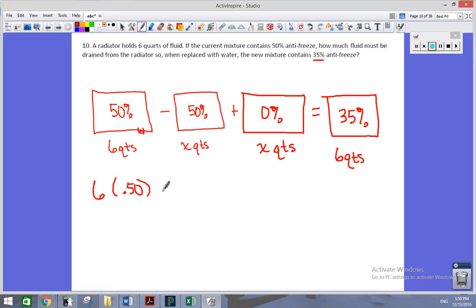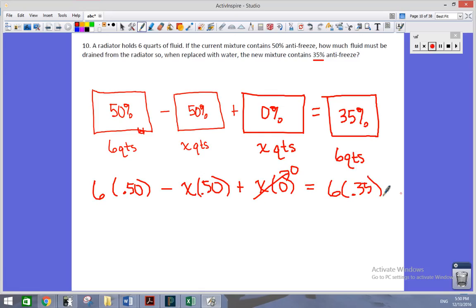Then subtract because I'm draining. That's why I use subtraction, is because we're draining that fluid, and I have X times 0.5, which typically we write as 0.5x, but that doesn't matter. And now X times 0, well, when you multiply by 0, you just get 0. And over here I have the 6 quarts times this 0.35.